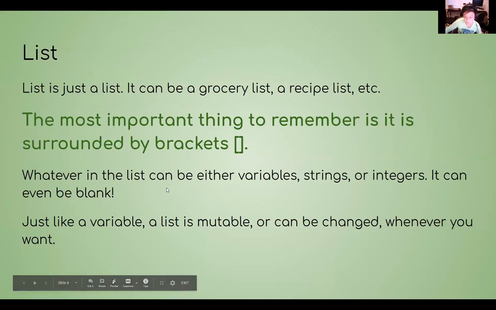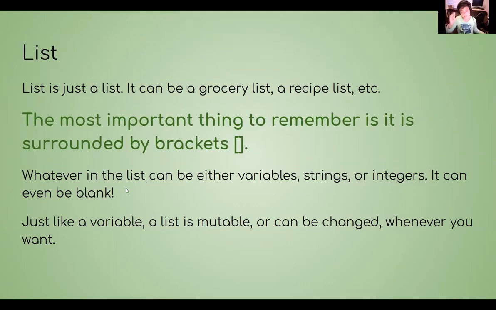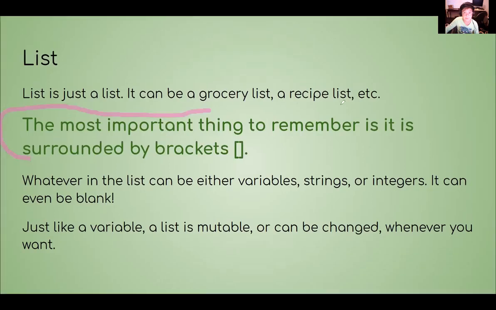List. Okay, so list is one of the three containers. I call them containers because they're like lists. The most important thing to know about list is that it is surrounded by brackets.